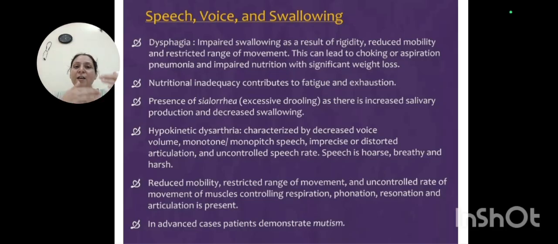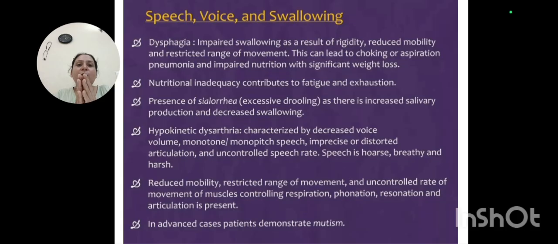There is variation of tone, hoarseness of voice, and the rate at which we speak. All this is controlled here, so with the decrease in mobility, or hypokinetic dysarthria, the person will have a monopitch speech. Monopitch means he will be monotonous, like reading a newspaper.